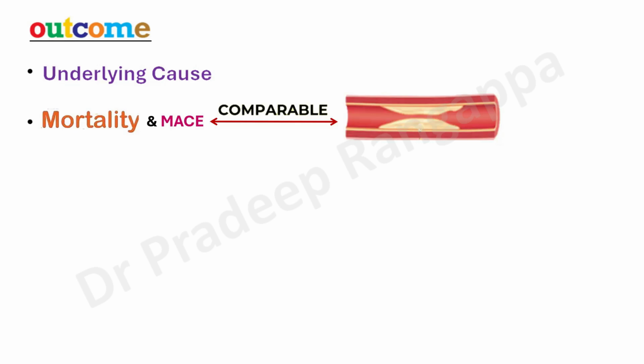As compared to the general population, if someone has had a MINOCA, they have a worse outcome, which means it is a pathological problem. It cannot be undermined or de-emphasized because the mortality and MACE are similar to an MI, similar to obstructive coronary disease. So it has to be dealt with seriously.